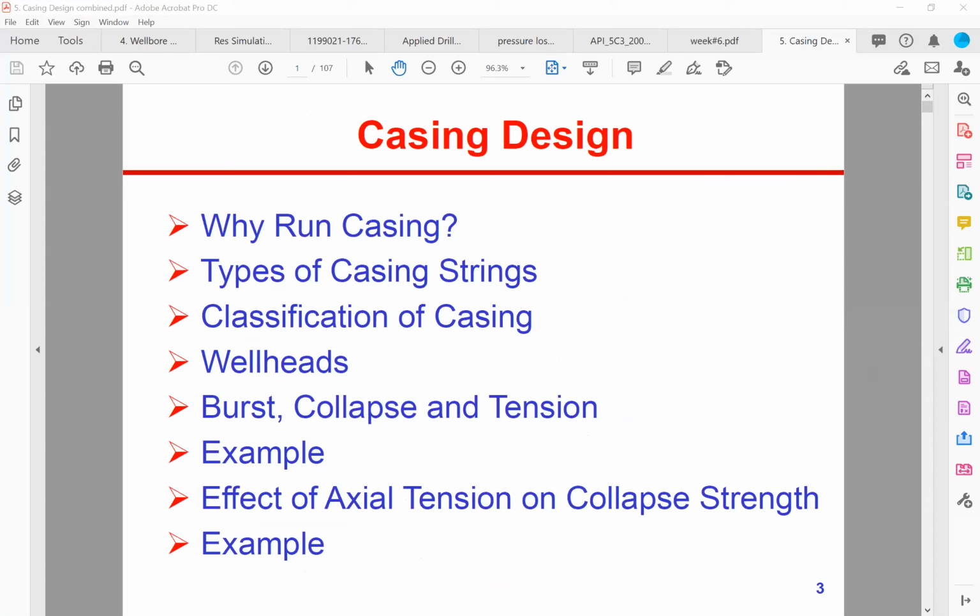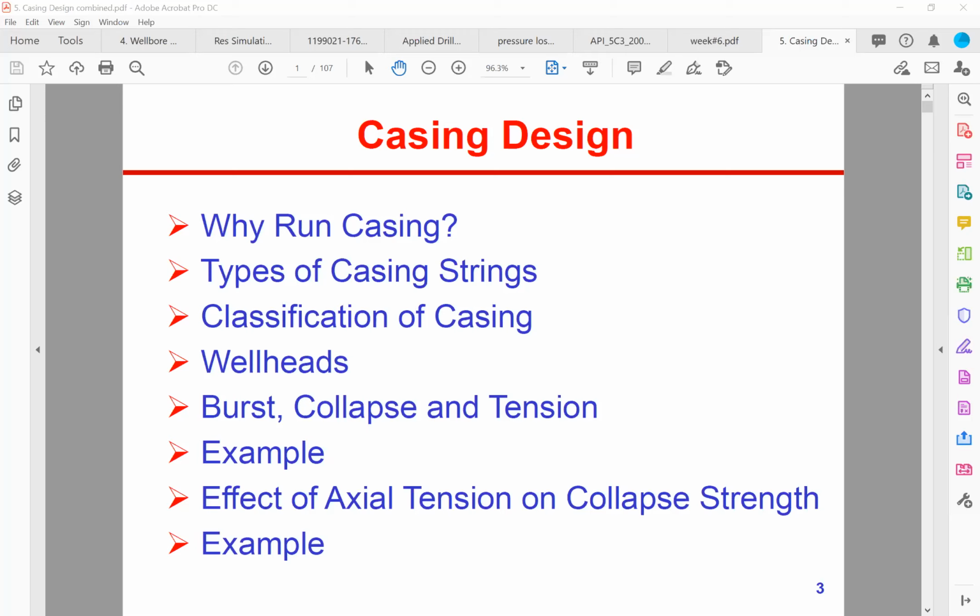All right. So casing, well, that's one of the most important parts of any drilling, right? A couple of questions that we need to respond to: why we run casing. We talk about the types of casing strings that we have inside the wellbore, their classifications.